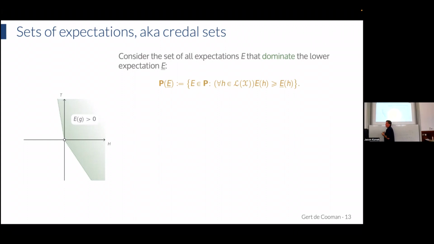So whether you define an imprecise model as a set of probabilities or a set of expectations, or you define them as a lower expectation operator or an upper expectation operator, doesn't really matter.